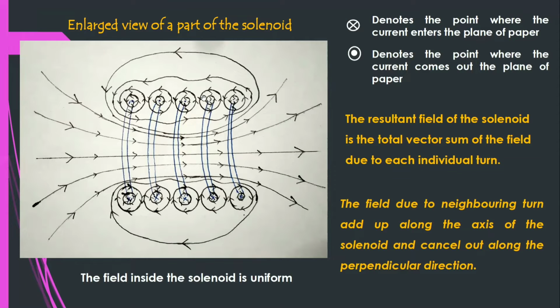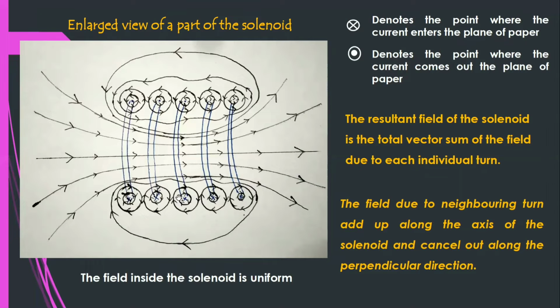So these are the directions of the magnetic lines of force due to each individual wire coming out of the plane of the paper, and similarly, by applying the thumb rule for the wires going into the plane of the paper, we obtain the direction of the magnetic lines of force.